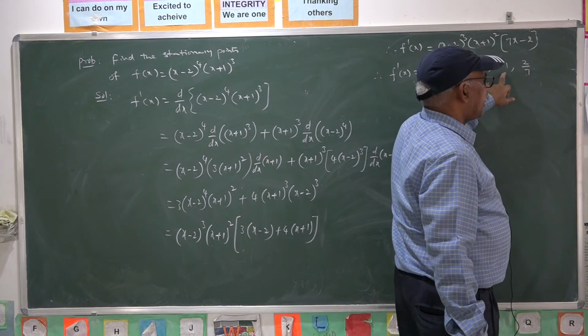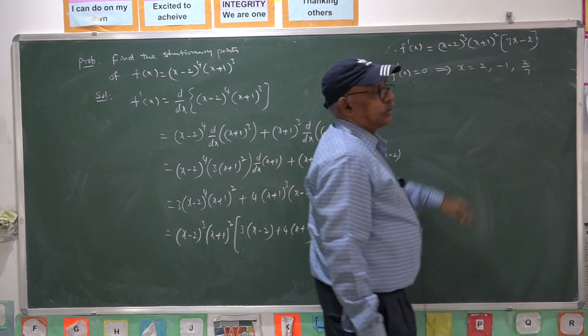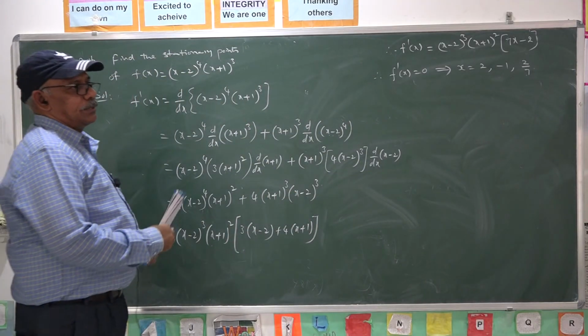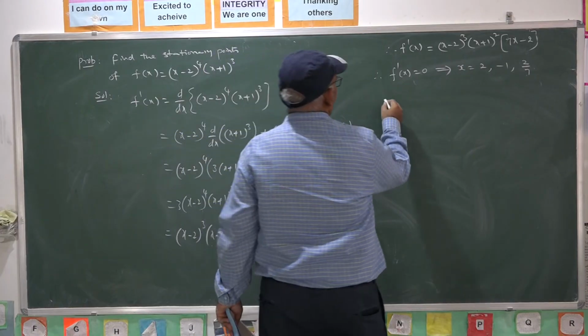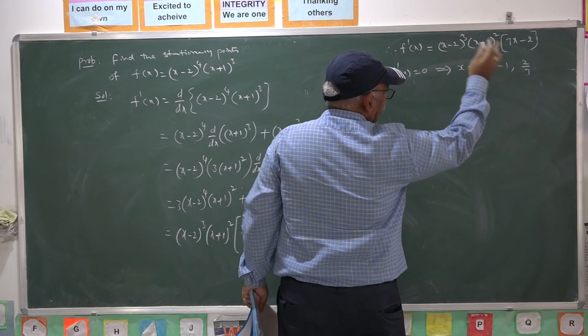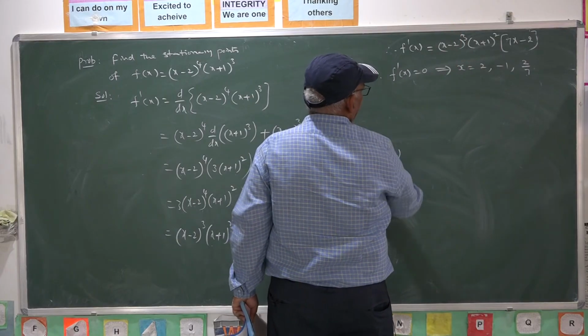Making this one 0, you get this point. Making this one 0, you get this point. So f dash x is stationary at x equal to 2, minus 1, 2 by 7. Stationary points.